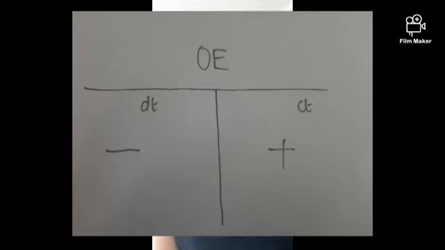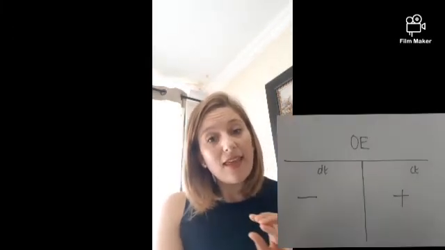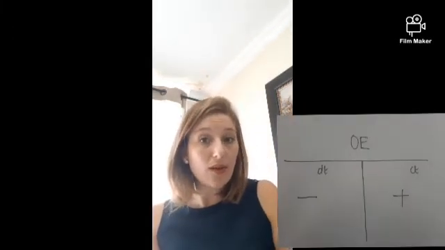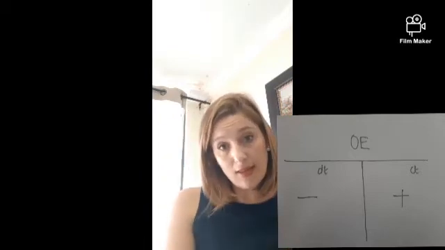So your owner's equity accounts, all your income and expenses, as well as capital and drawings accounts, decrease on the debit side and they increase on the credit side. So they decrease on the left side and they increase on the right side, if you want to understand what I mean.